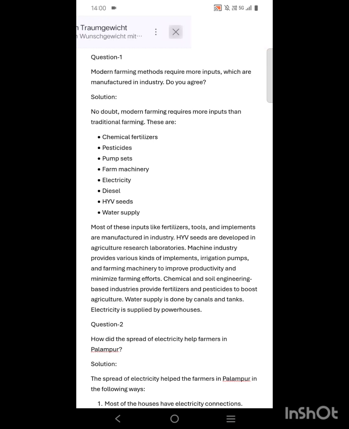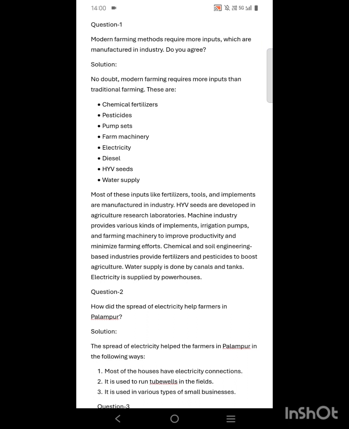So for modern farming, the machineries that are needed are actually manufactured in industries, like the chemical fertilizers, pesticides, pump sets, farm machinery, electricity.